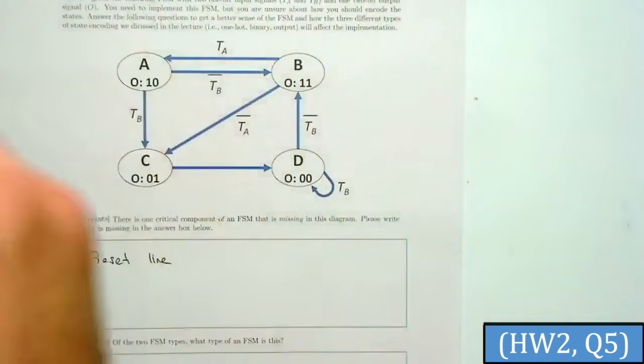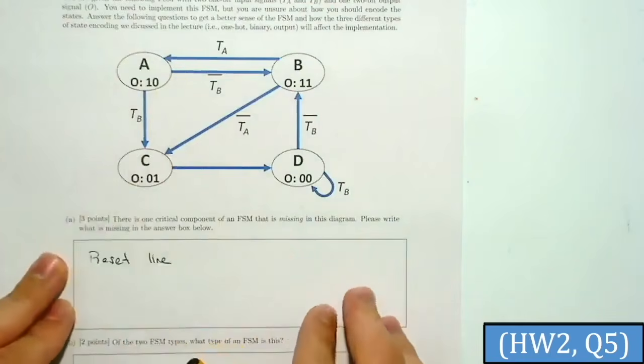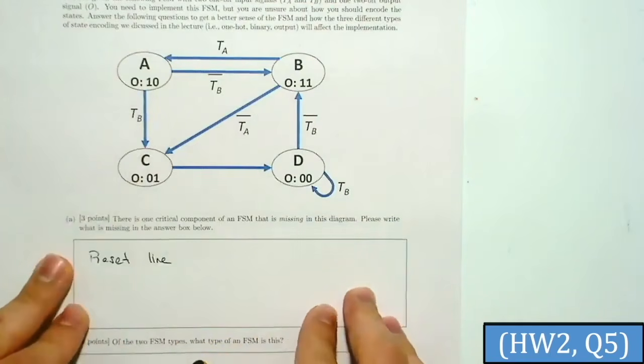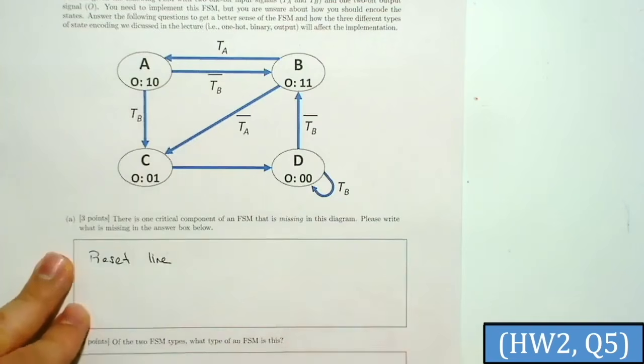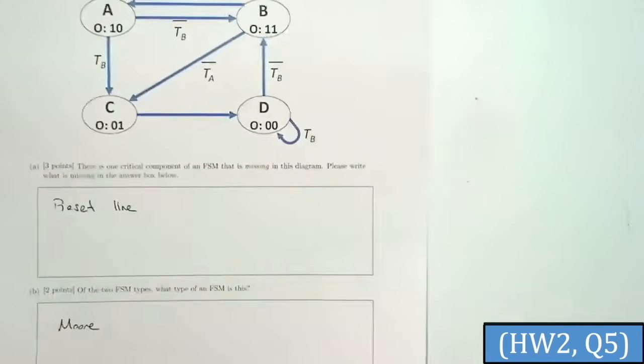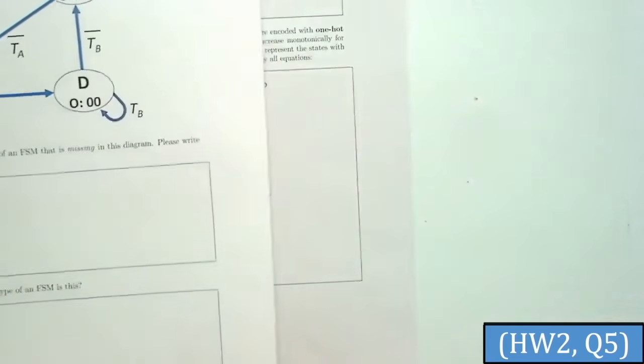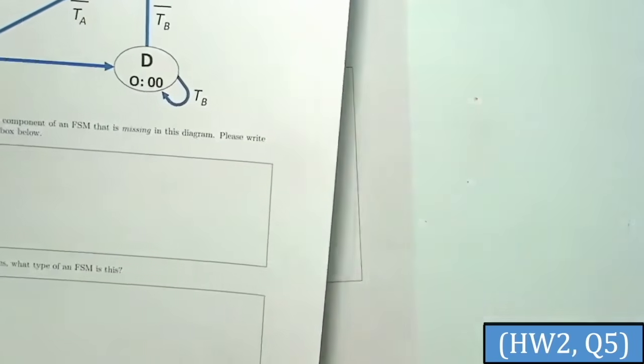So how do you ensure that? You need to have some sort of reset line so that it goes there when you reset, and then you start it at the initial state. So basically, it means the same thing, to have the initial state and the reset line. Okay. Any questions related to those? Okay.